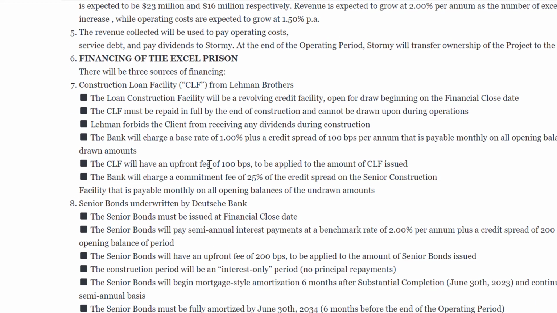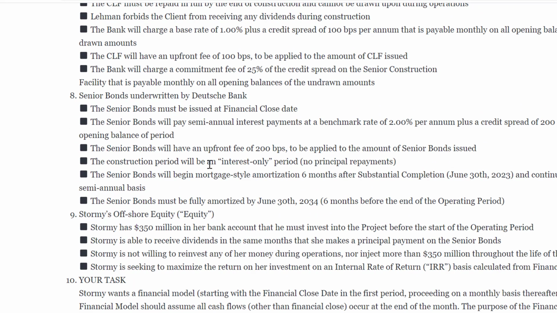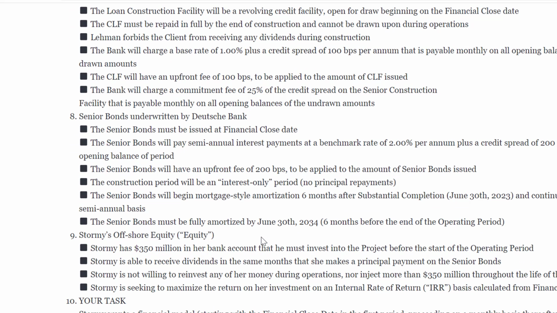So now we have these three construction financings, and the most weird thing here is that the senior bonds clearly say the senior bonds are issued at financial close. I really don't understand why you wouldn't make your construction loan first and then take out your construction loan with the bonds at the commercial operation date.